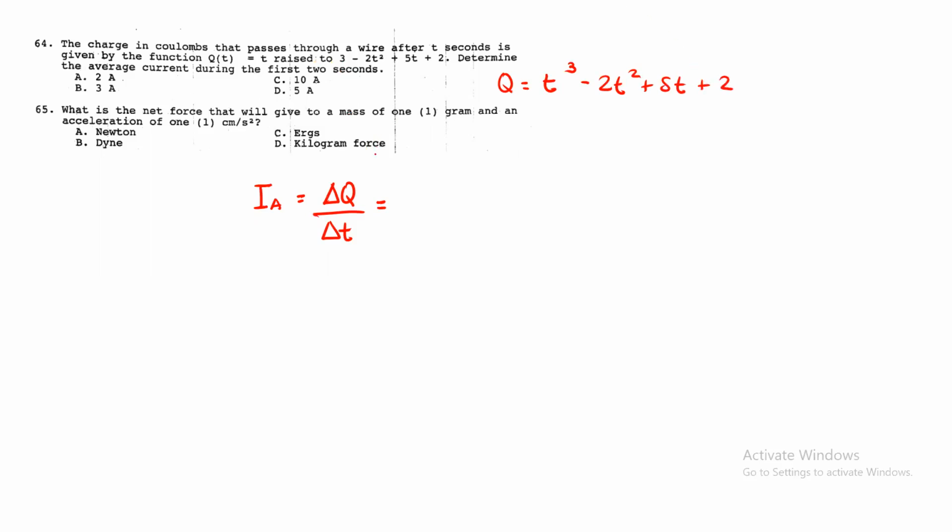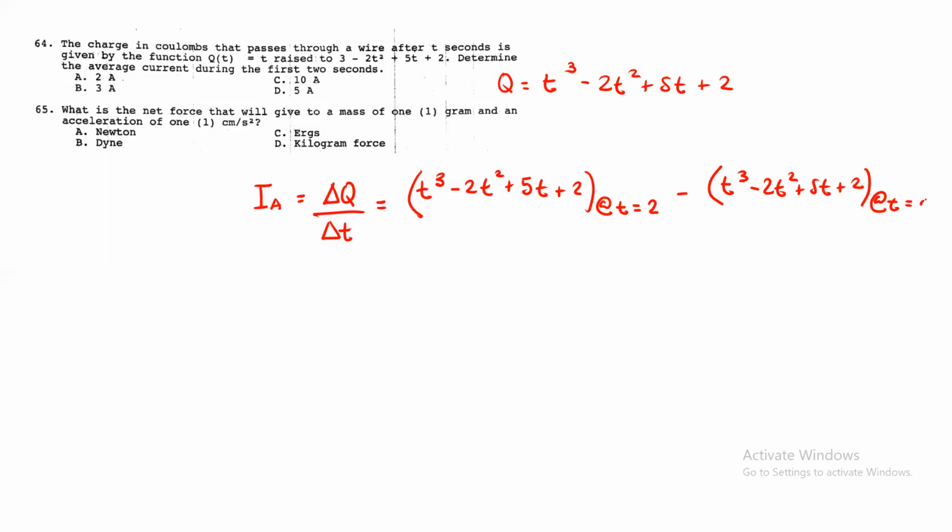So, substitute lang natin dito. So, T cube minus 2T squared plus 5T plus 2. Then, pag sinabi kasi during the first 2 seconds, so, at T is equals to 2 muna. Then, minus yung equation na T cube minus 2T squared plus 5T plus 2 at T is equals to 0.